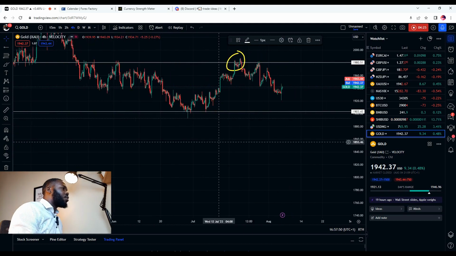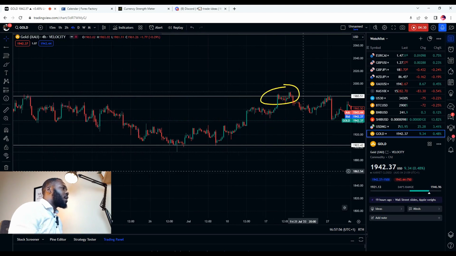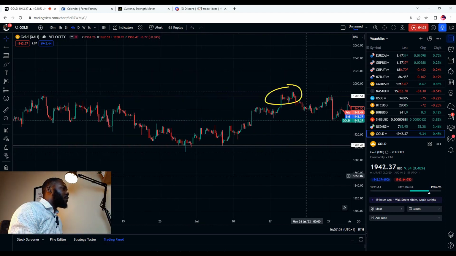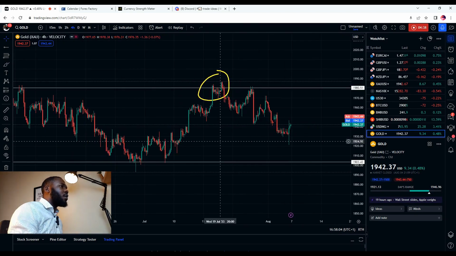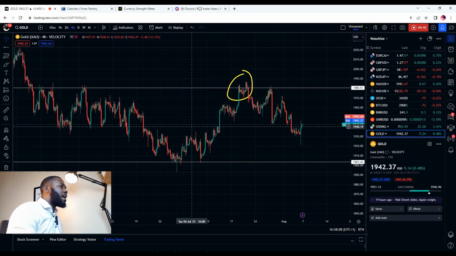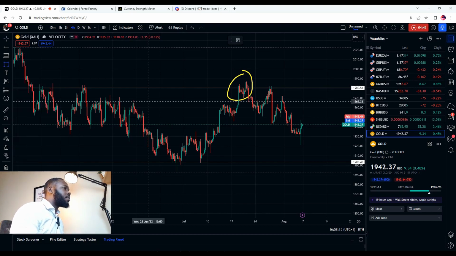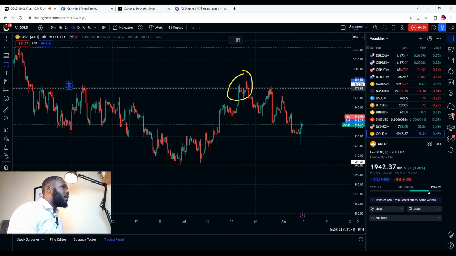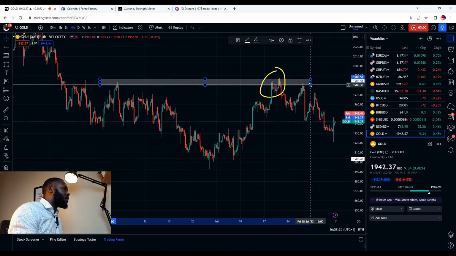So when you are setting your zones, using the horizontal line only can cause you a big loss. Instead of using the horizontal line only, which are these white lines here, I use my rectangular tool to scoop out the full support or resistance zones.